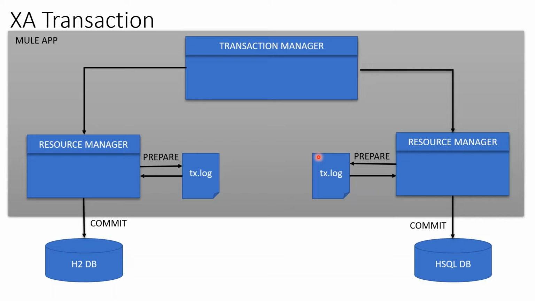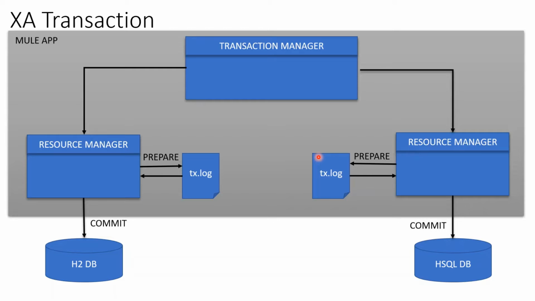After execution of the second phase, the data will be committed to both the databases and you will observe consistency of data across the different resources. Now this was a scenario without any hiccups.